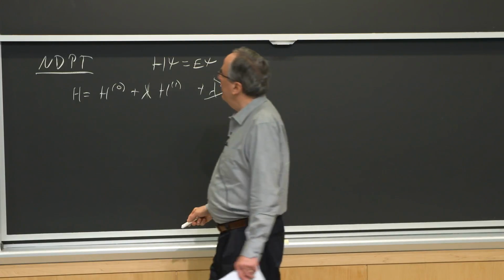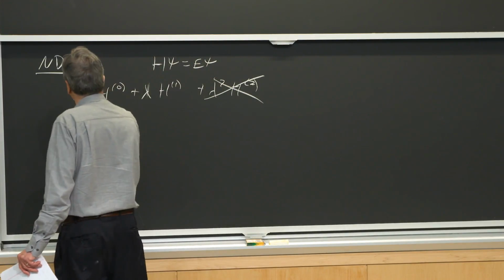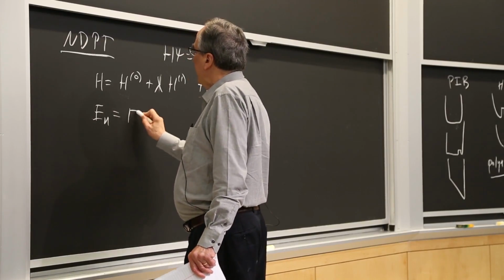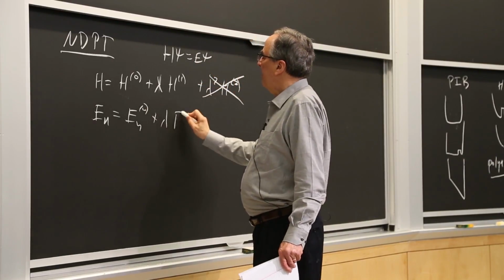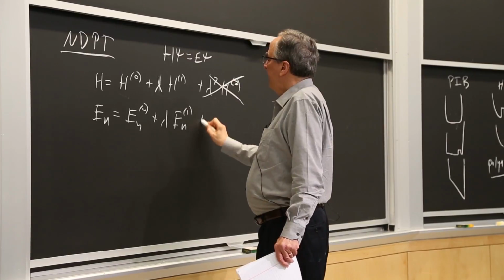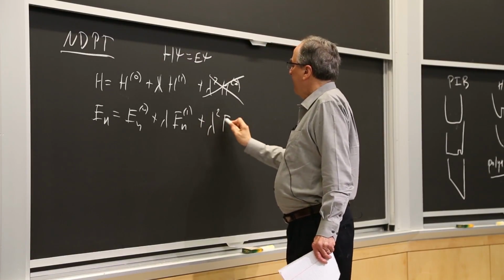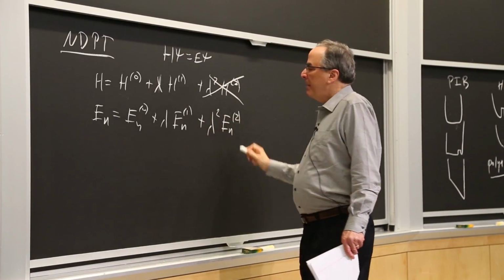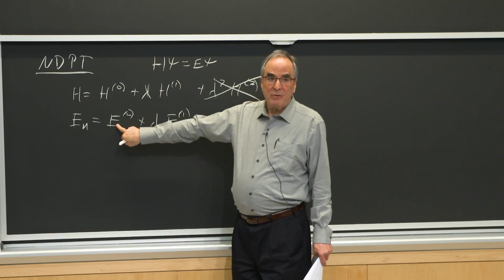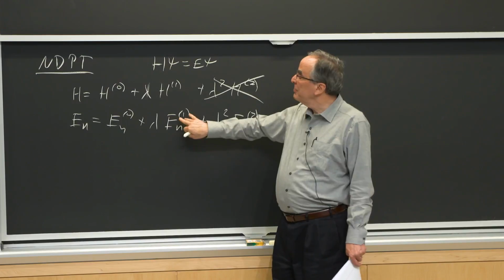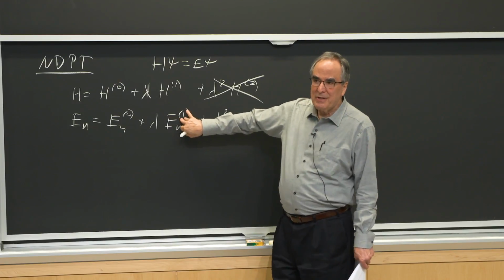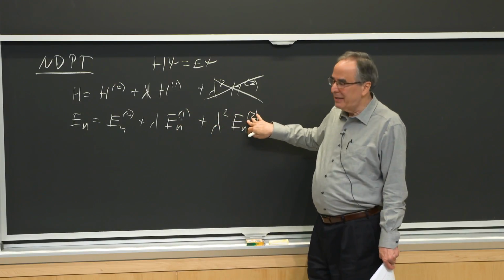And we do the same thing to the energy levels. So these are the energy levels for the exactly solved problem. And these are the energy levels, the first order corrected energy levels. And these are the second order corrected energy levels.